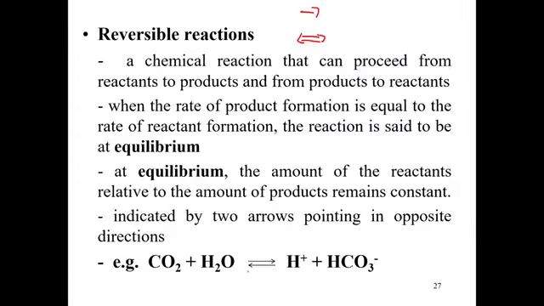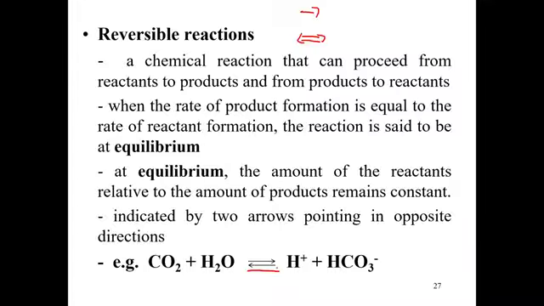However, there is an equilibrium point. What is an equilibrium point or equilibrium? It means that the rate that products are formed is equal to the rate at which the reactants are regenerated. Meaning there is no more additional products or additional reactants formed.